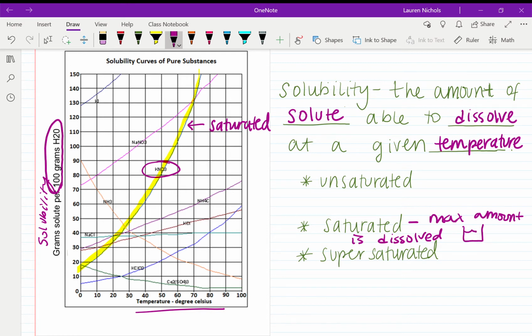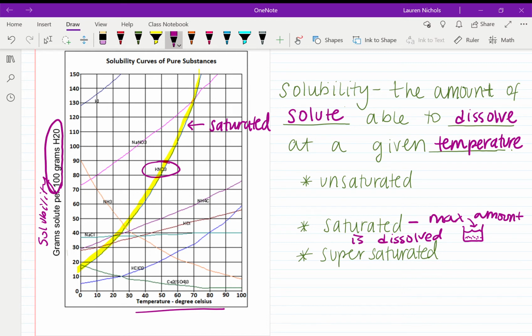If you already have a saturated solution and you add more solute, it's just going to sit at the bottom, which is why sometimes when you add sugar to coffee, at a certain point it reaches where no more will dissolve, no matter how much you stir, and it just sits at the bottom, making your cup of coffee very gross. And so that is a saturated solution.